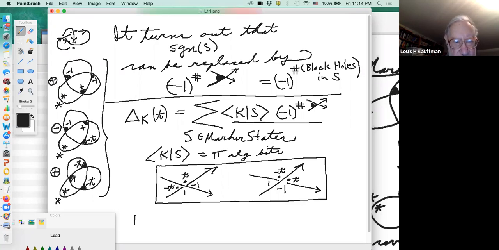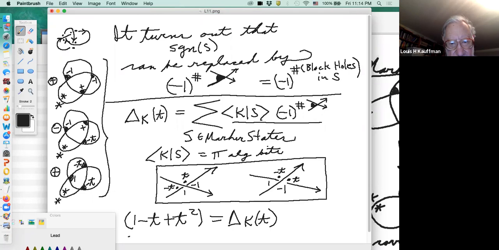Then we get the product of these, and we get a minus, minus t, minus t. We get a minus t. And from this one, we get t squared. And there it is again. T squared minus t plus 1 is the Alexander polynomial of the knot. But now calculated by a state sum over the states of the crossings.